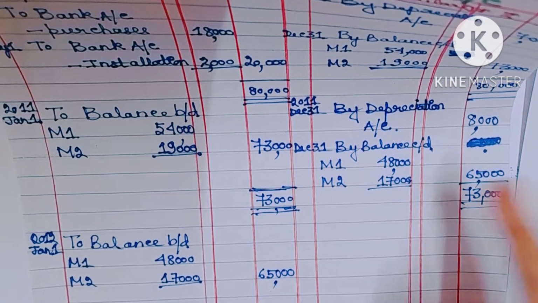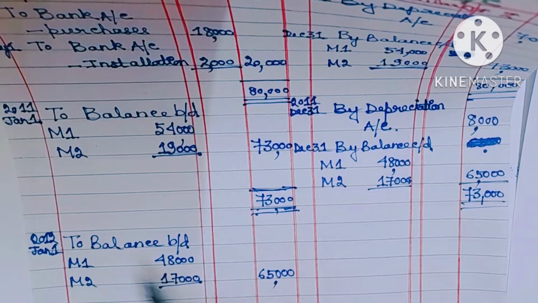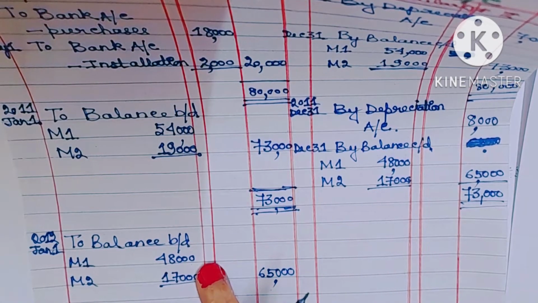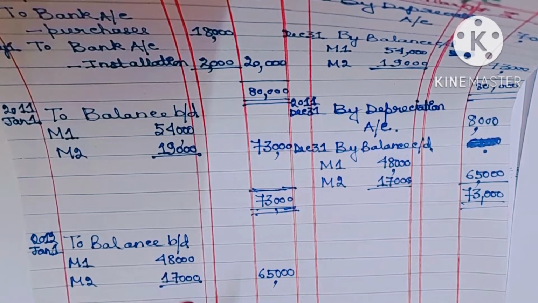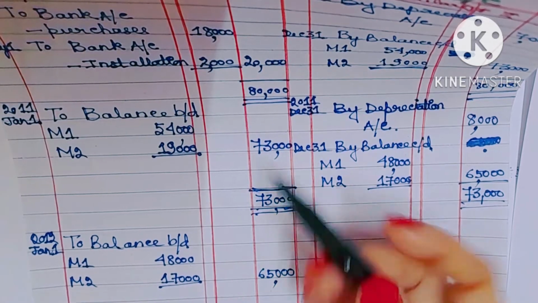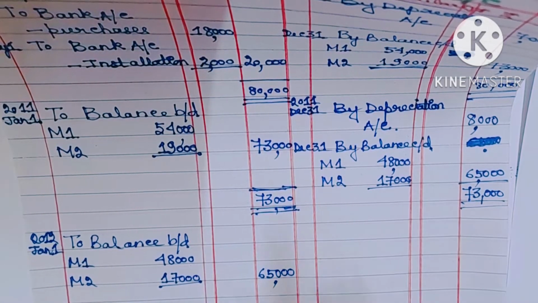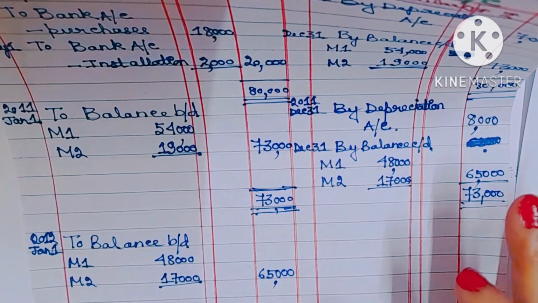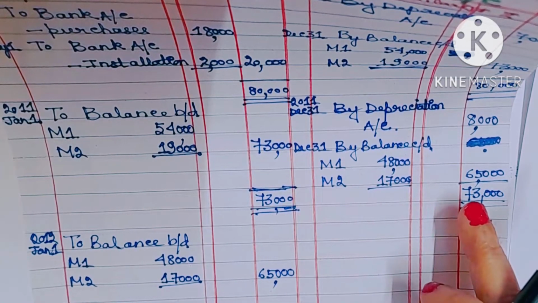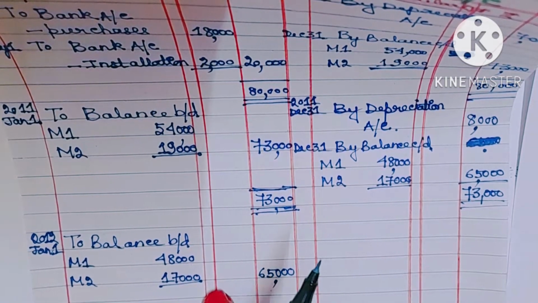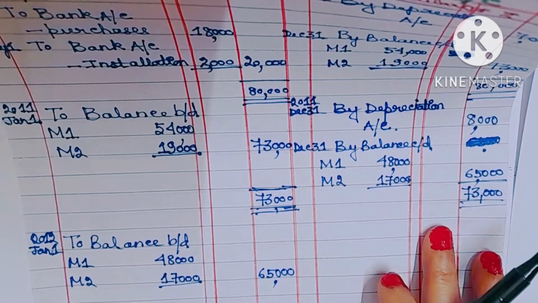Depreciation has happened twice on the first machinery. After depreciation, in 2012 the first machinery value is 48,000, and the second machinery value is 17,000. No more 20,000, because depreciation has happened twice: once in 2010 and once in 2011. After that, the value of the machinery is 17,000. Understood? Now let's go through the problem again.